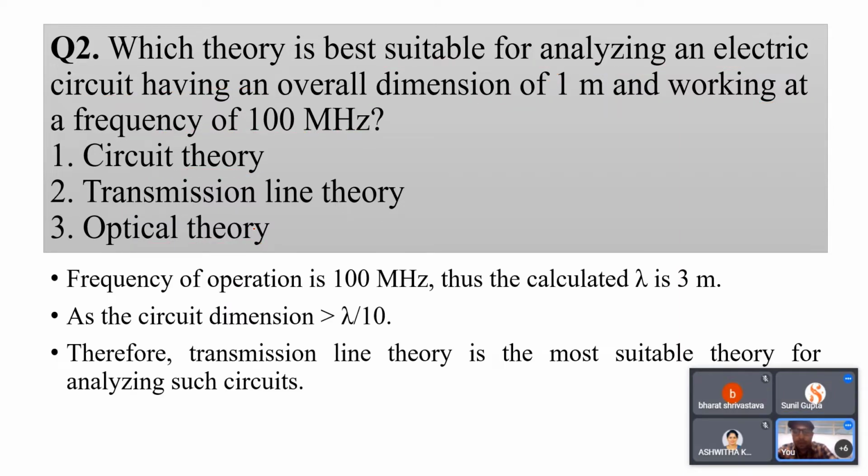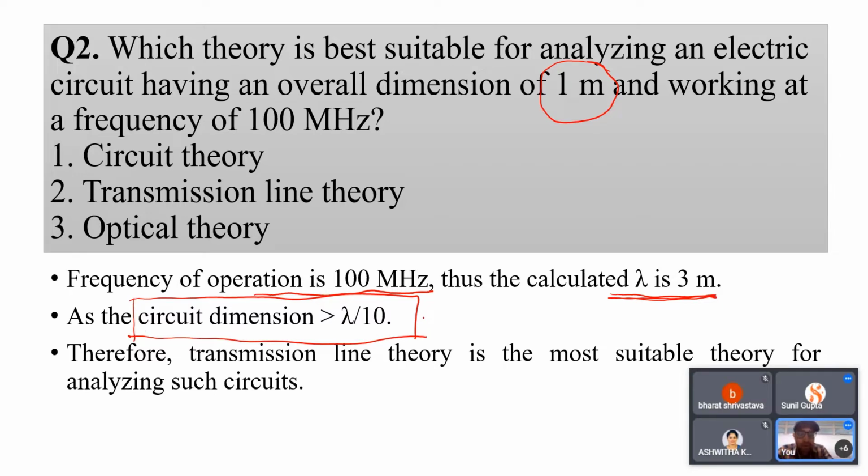Like here, you can see the frequency of operation is 100 megahertz. Corresponding to this frequency, the calculated wavelength will be 3 meter. The circuit dimension is 1 meter, and there is a condition used to check whether the circuit is electrically small or electrically large.